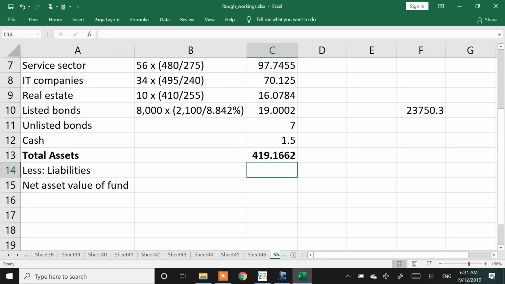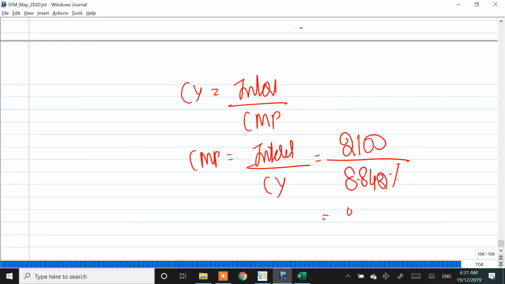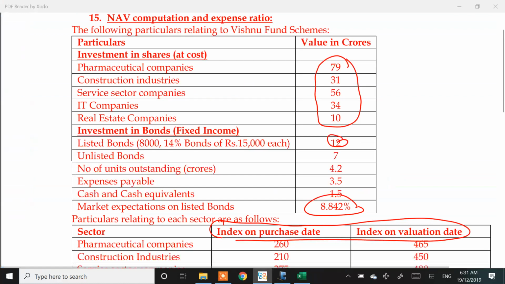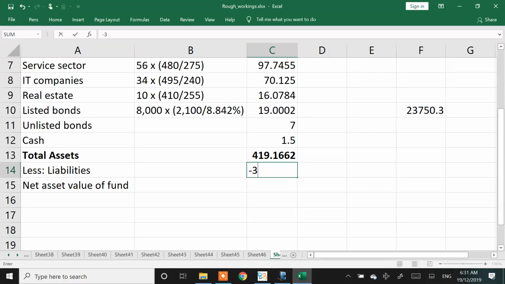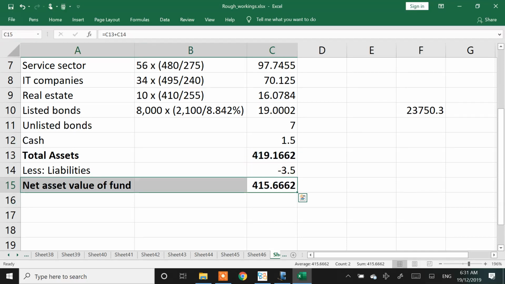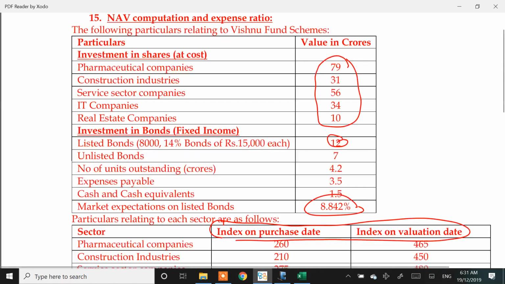What is the liability given in the question? How much? 3.5. So, NAV of fund is 415 crores. 415 crores is the NAV of the fund.